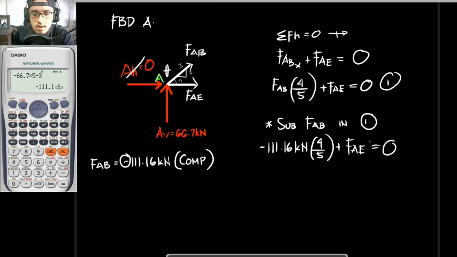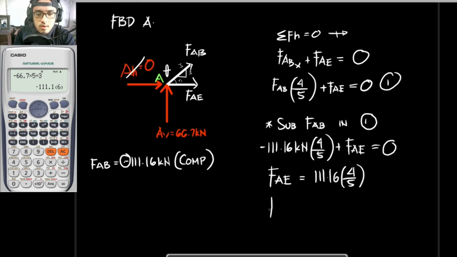Using this equation, your FAE is now equal to, transposing this term, 111.16 times 4 over 5. Our answer here would be 88.928 kilonewtons. And since it is positive, this is in tension, since my assumption is correct.